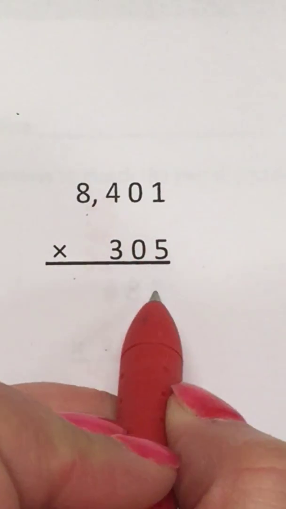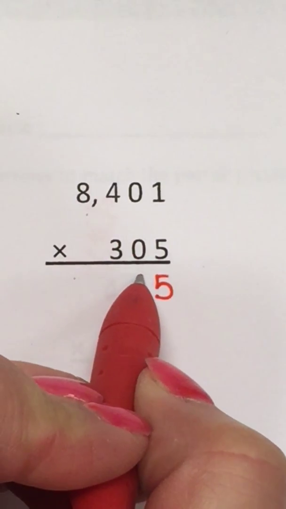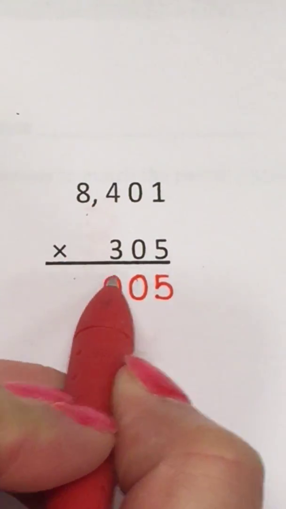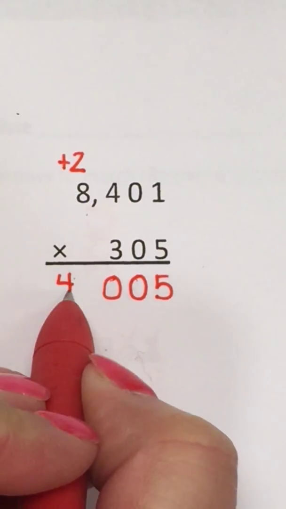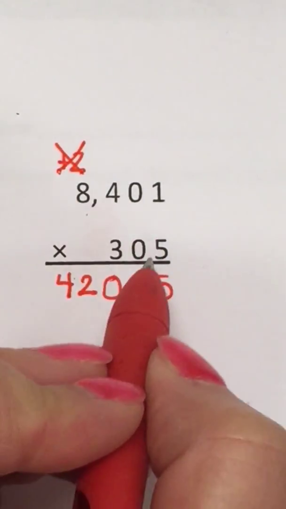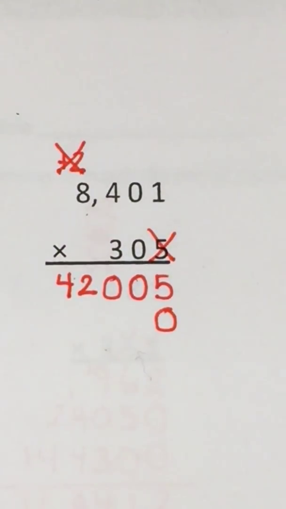So 5 times 1 is 5. 5 times 0 is 0. 5 times 4 is 20. Put down my 0. Carry my 2. 5 times 8 is 40. Plus 2 is 42. Cross out. Put down my placeholder.